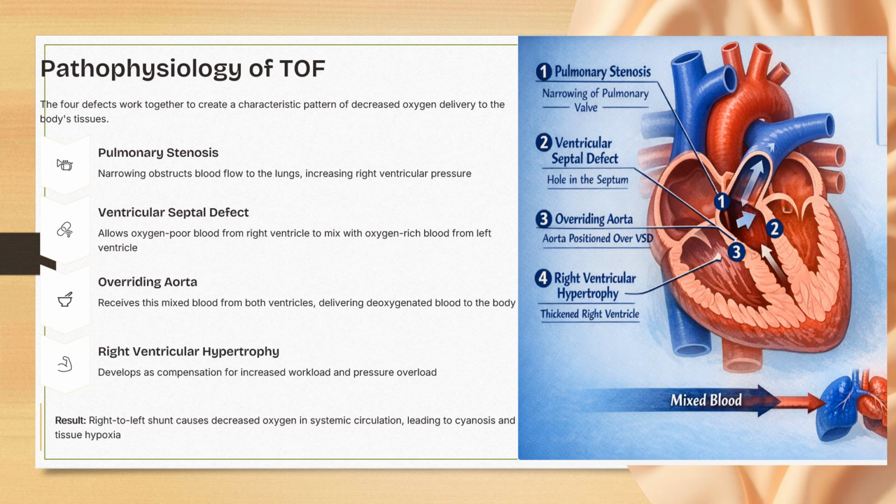It directly moves to the left ventricle with the help of the VSD, and the aorta is also very close to the VSD. So the aorta receives deoxygenated blood and takes it all over the body. So the child feels cyanosis, and because of these three problems, right ventricular hypertrophy happens.